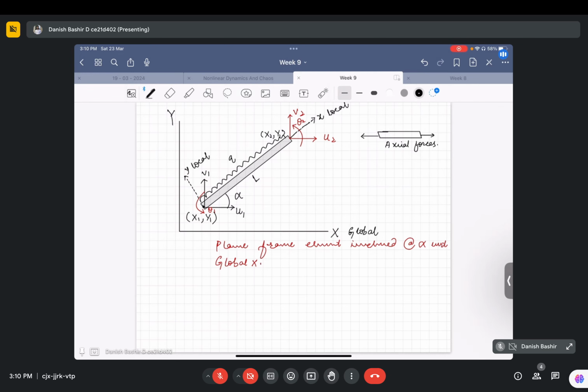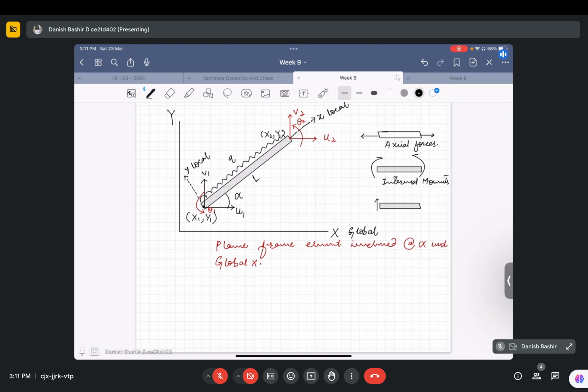Actual forces, internal moments. Internal moments of this convention, we will be taking them to be positive. Okay, internal moments. Internal shears. Internal shears will be acting in this fashion.